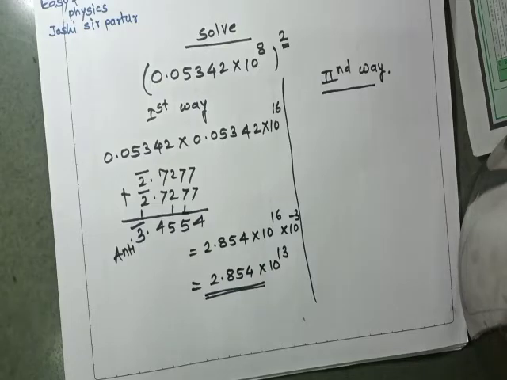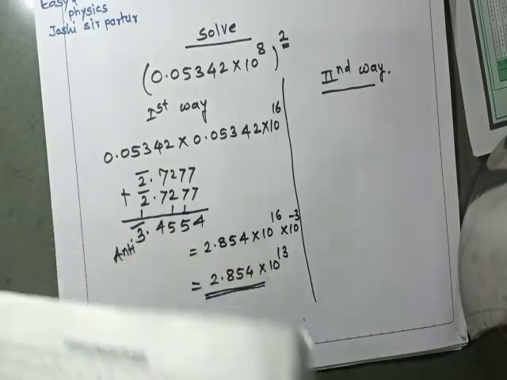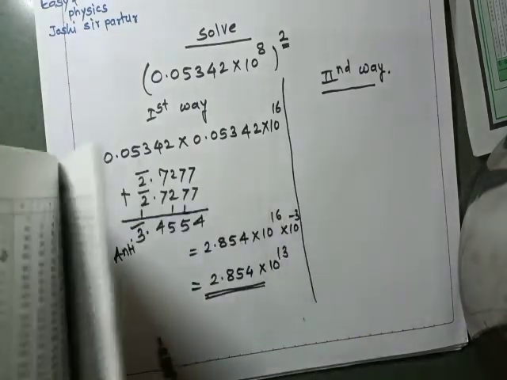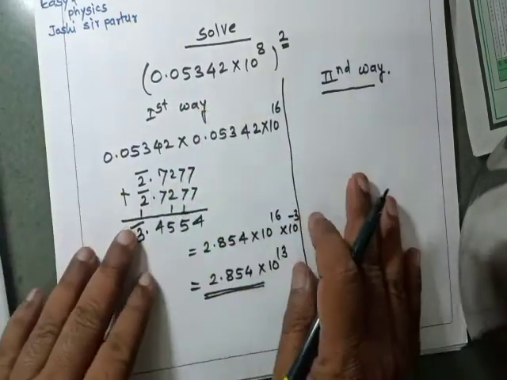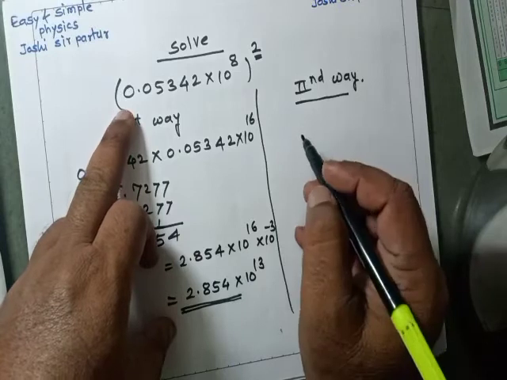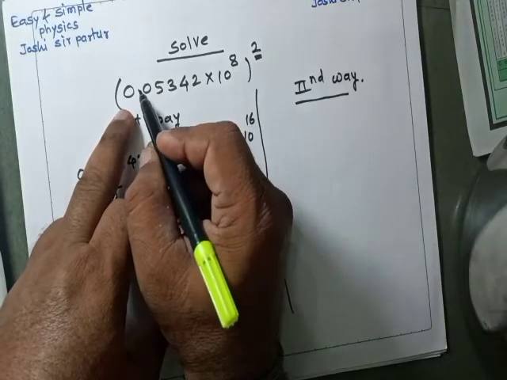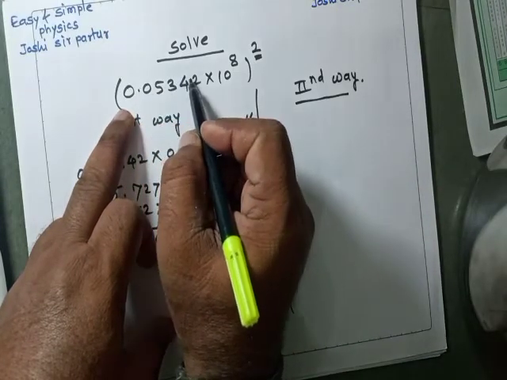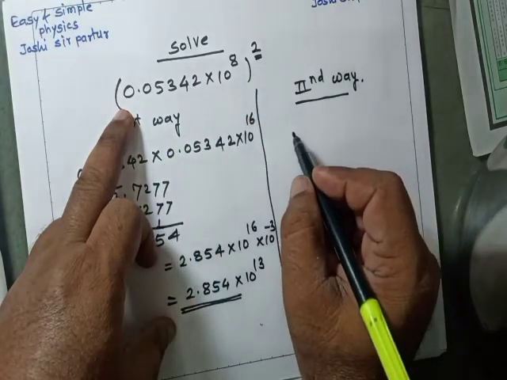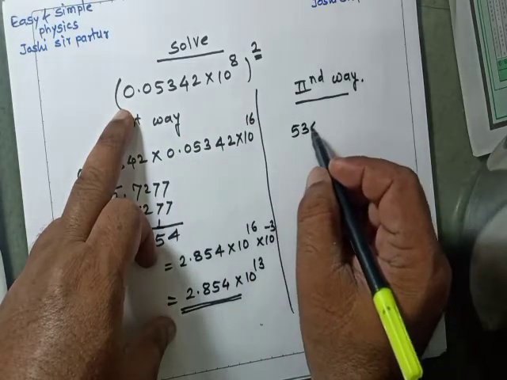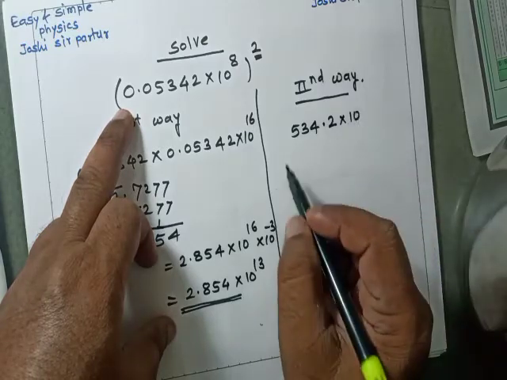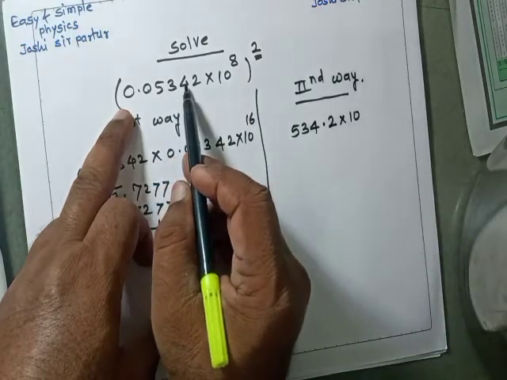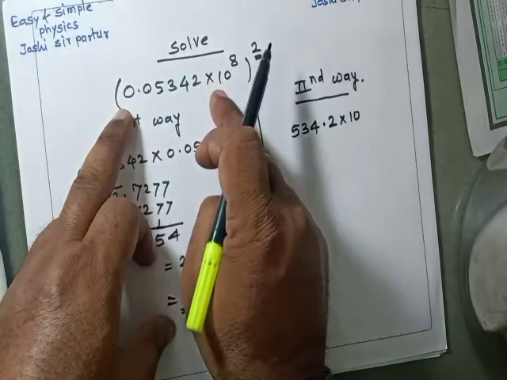Okay, but in another way, the second way, we can see squares. A number is there, so by shifting the number, what happens? See here, when we shift the number by 4 digits, we can write it as 534.2 into 10 to the power 1, 2, 3, 4, means it can be shifted towards the positive direction.